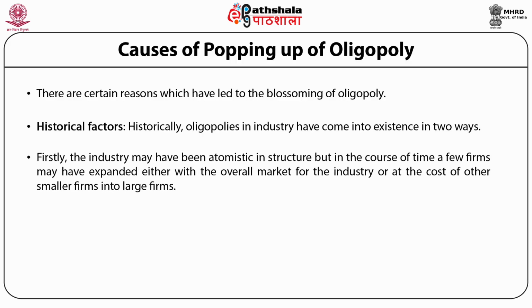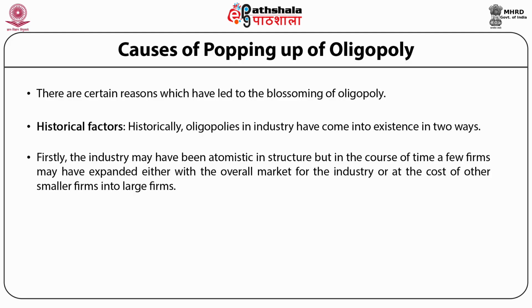Firstly, the industry may have been atomistic in structure, but in the course of time, a few firms may have expanded either with the overall market for the industry or at the cost of other smaller firms into large firms.